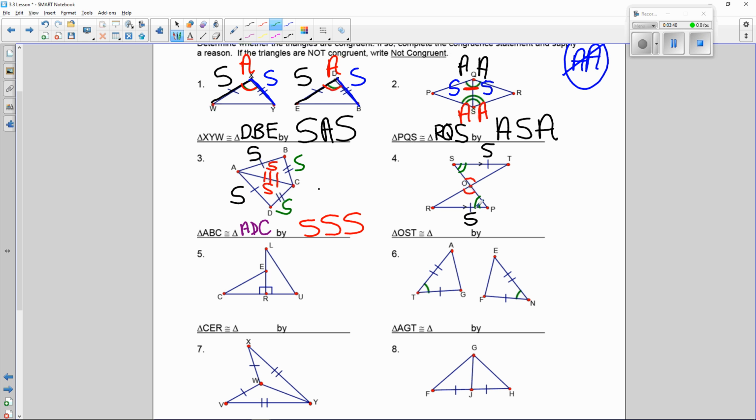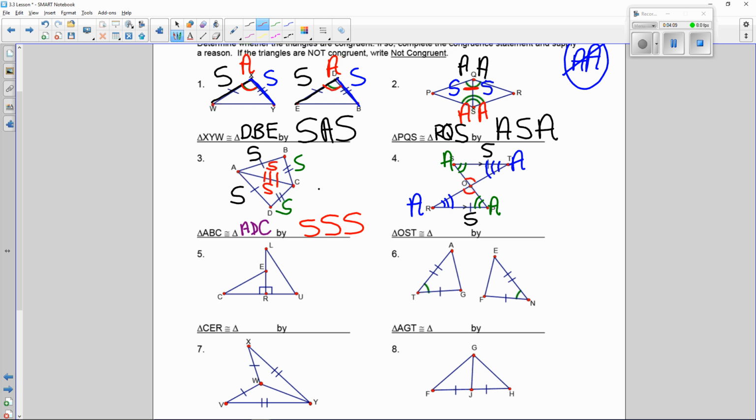So those two angles in green and these two angles in blue. So all three angles are congruent. AAA is not one of your options, but angle side angle is.